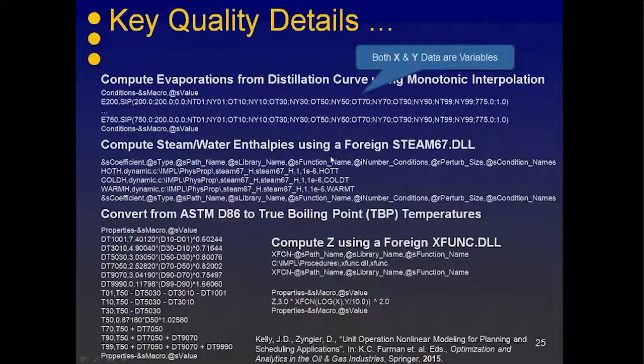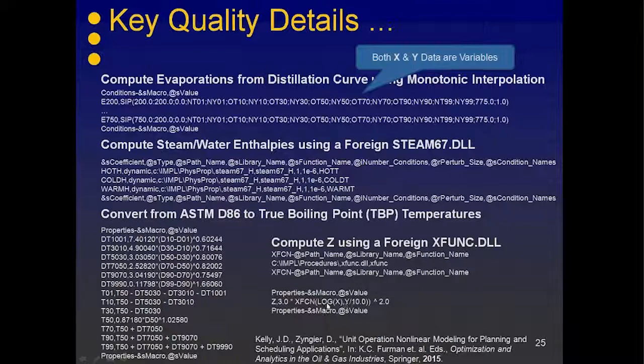As I mentioned, you can create a coefficient. In this case, you can call out to the STEAM 6060LL, and you can bring in enthalpies. You can also easily model ASTM D86 to true boiling point as ad hoc equations inside of IMPL, and then you can create your own external functions in IMPL that will be used inside the compiler.